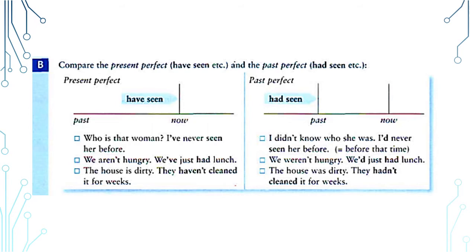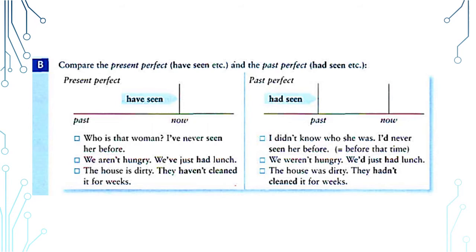Let's study these examples to understand the differences. Who is that woman? I have never seen her before. Means before now. I didn't know who she was. I had never seen her before. Means before that time.